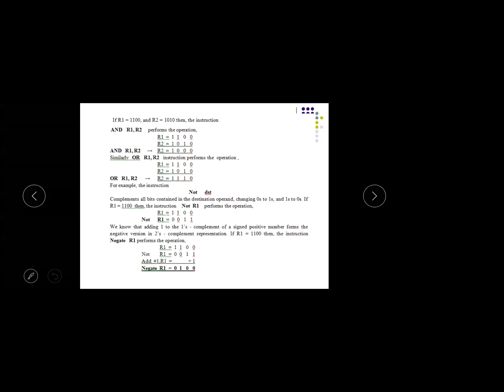Complement is nothing but zeros are converted to ones and ones are converted to zeros. This is the NOT gate symbol you have to draw. If the input is 1, the output is 0. If the input is 0, the output is 1. This is the NOT gate.